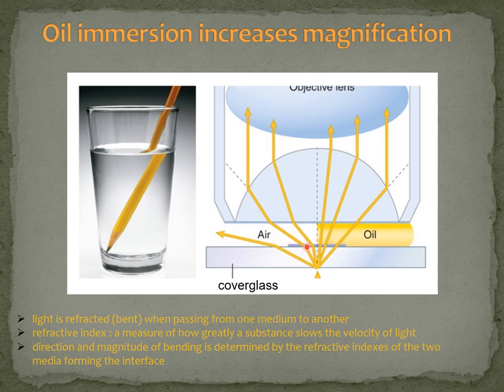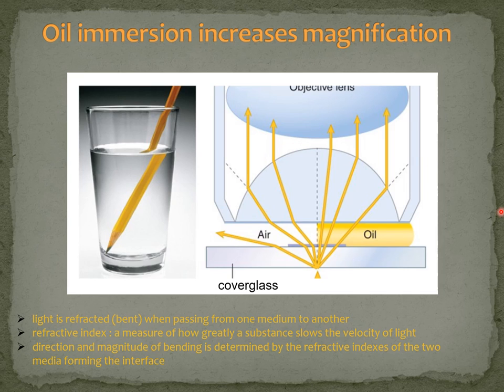When it passes from the glass to air, it will be refracted again. When it passes from air to the first glass in the lens, it will be refracted again, and then when it comes out of the glass, it's refracted again. So every time light changes medium, this will cause problems in our image.